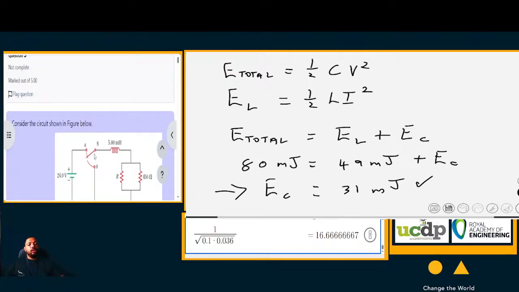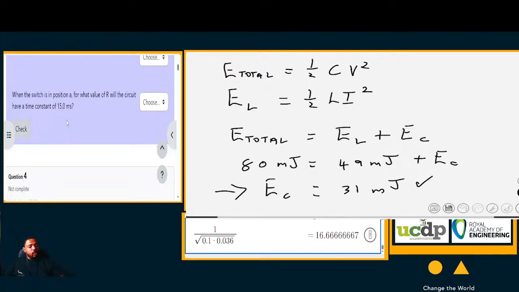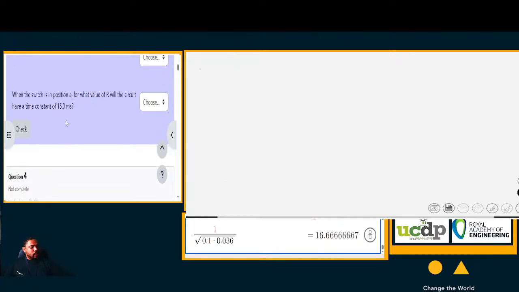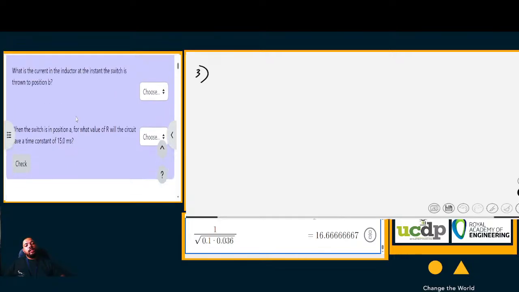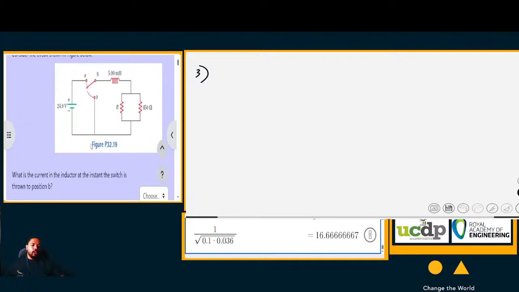Okay, first let's work out when the switch is in position A. So when it's at position A, so the big circuit is completed, we need to work on part B first in this case. When the switch is in position A, for what value of R will the circuit have a time constant of 15 milliseconds? Okay, so let's look at the circuit.